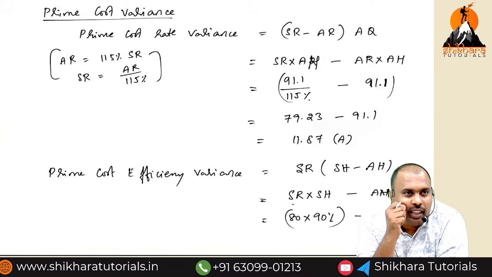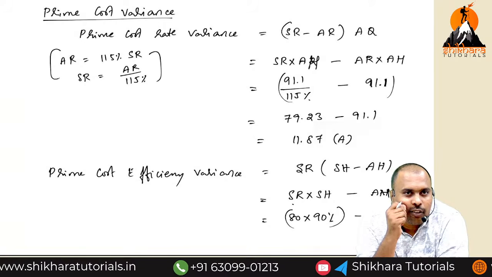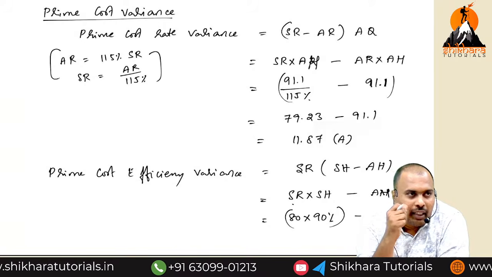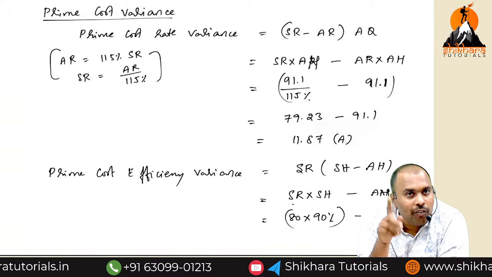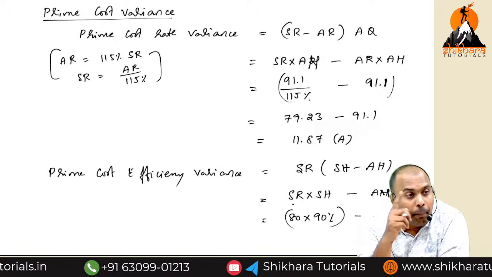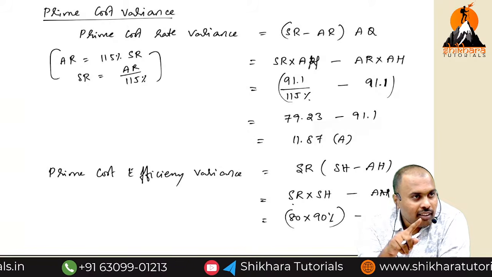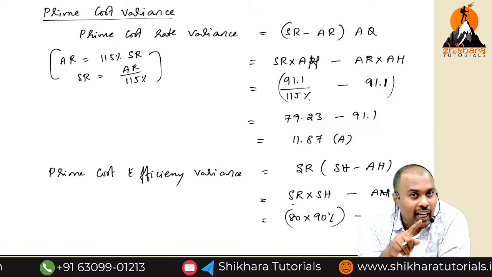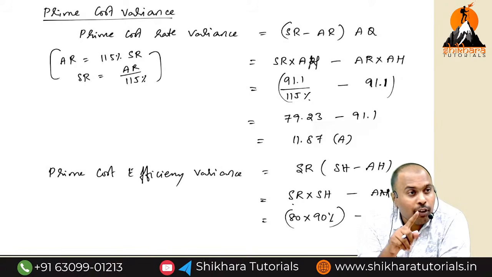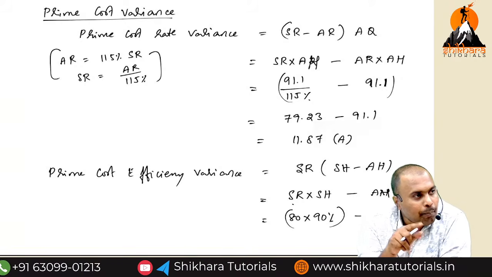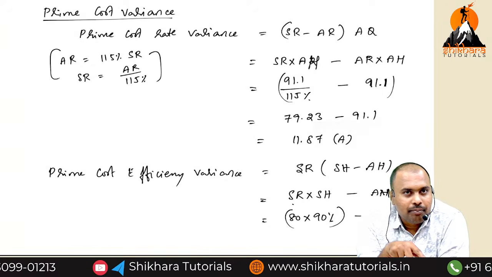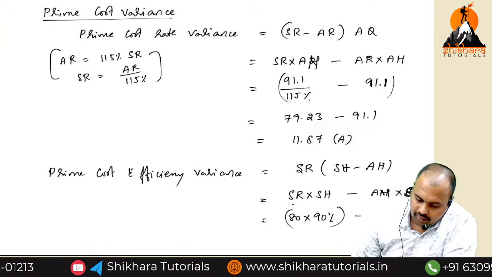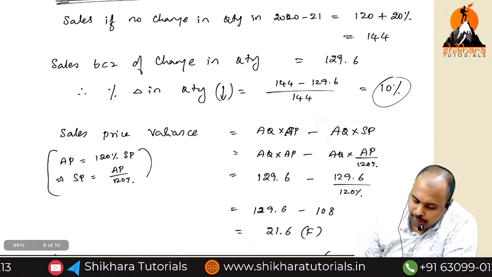Sir, in sales variances, budgeted quantity and standard quantity is same. But in cost variances, standard cost is always for actual production. Budgeted cost is 80. Actual quantity is 10% lower than the budgeted quantity.